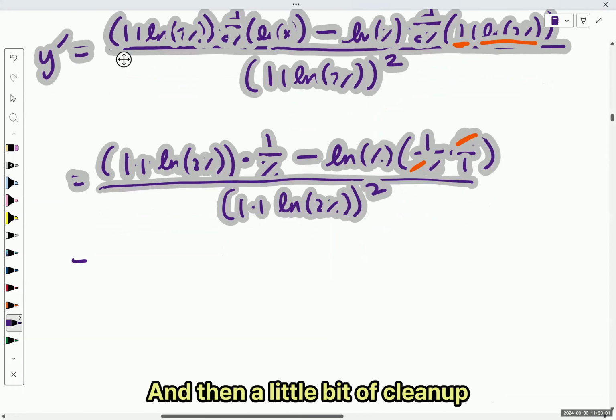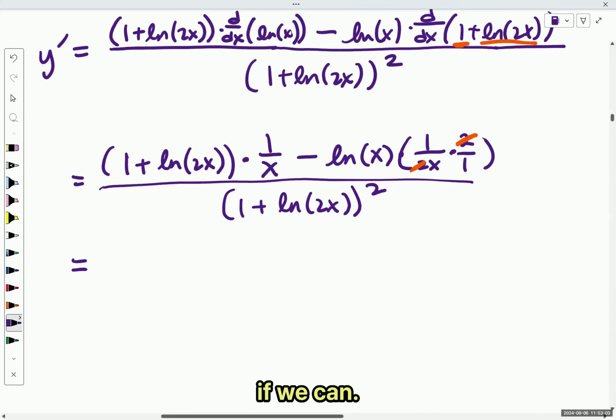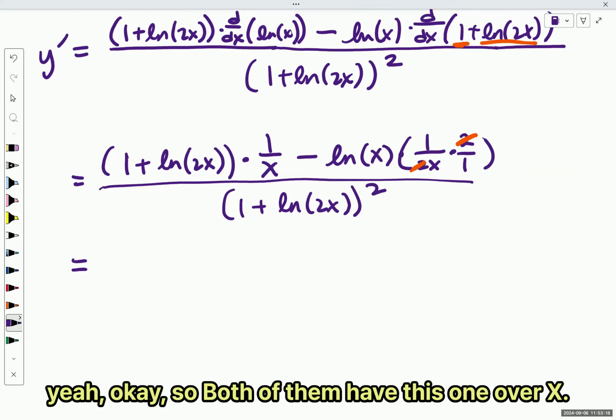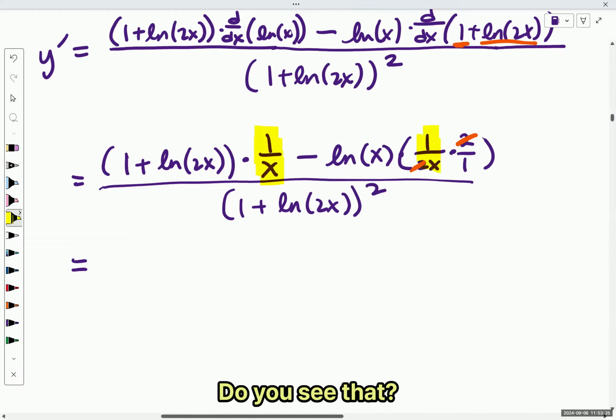And then a little bit of cleanup if we can. I gotta find the right one. Hang on. Where did I get on this one? That one. Yeah, okay. So both of them have this 1 over x. Do you see that?